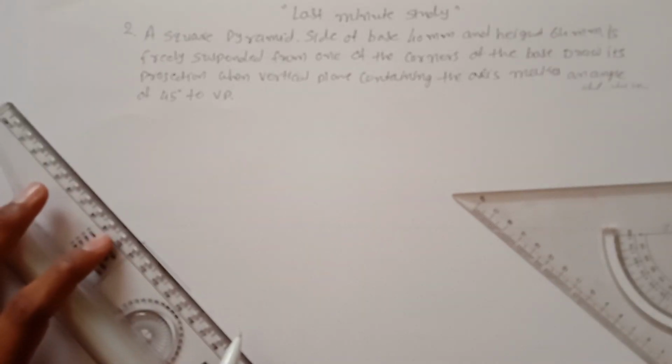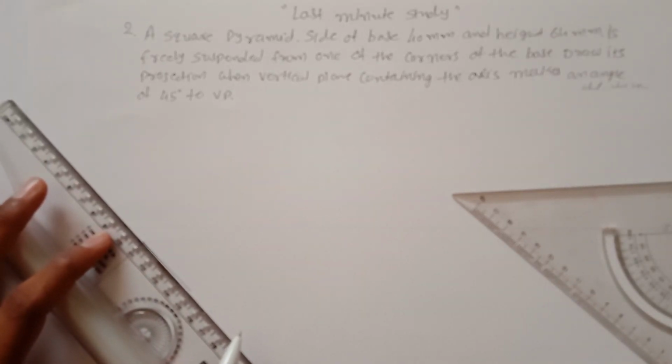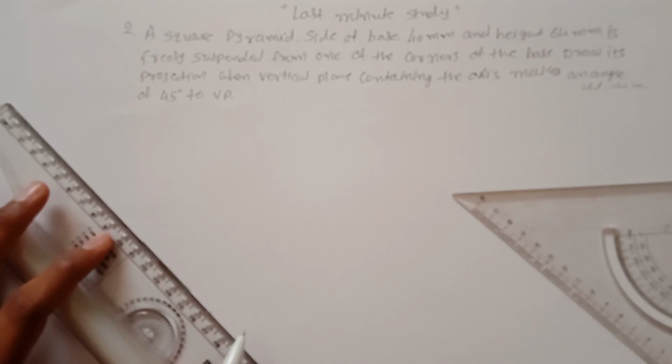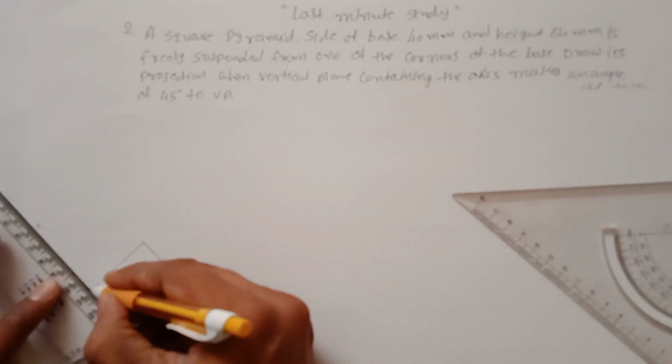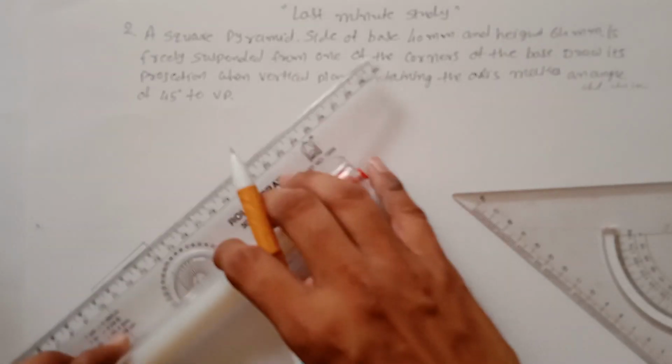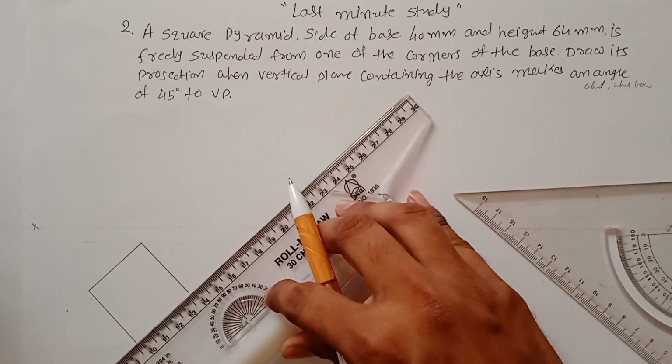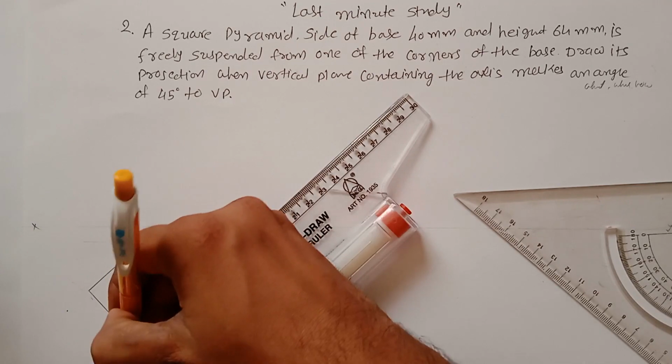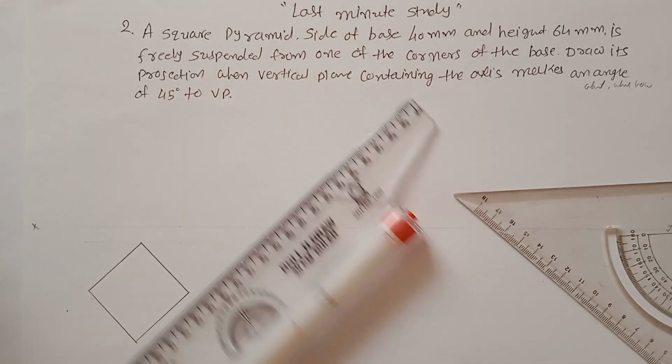You have to complete your square by drawing parallel lines. So this is the square which is resting with its corner. So this is the pyramid.